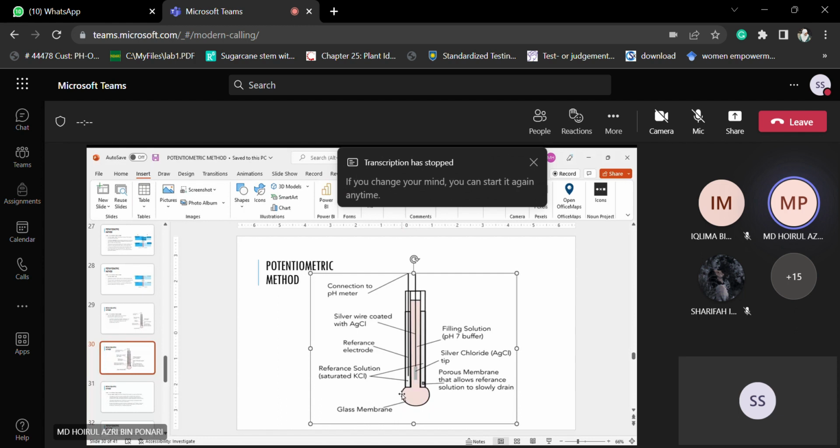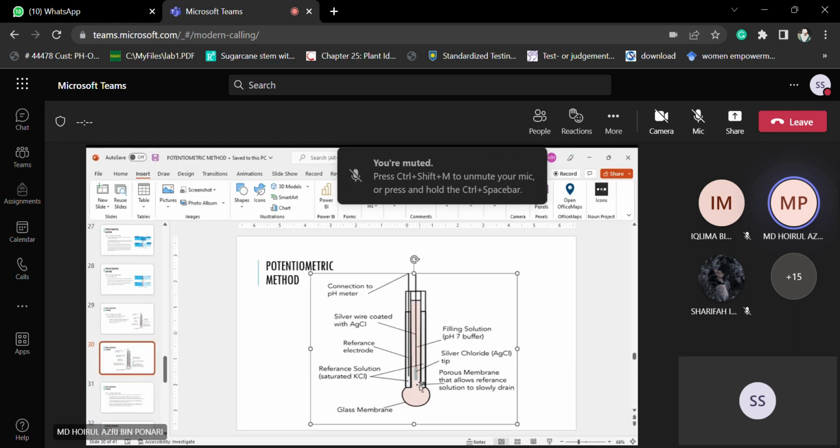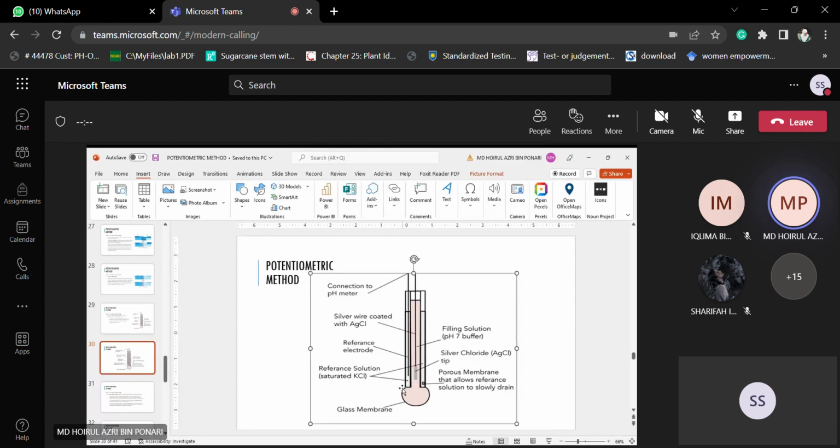The strength of the electrical current depends on how many hydrogen ions can permeate the glass membrane. If hydrogen ion concentration is higher, the electrical current will be higher. If hydrogen ion concentration is lower, the electrical current becomes lower.